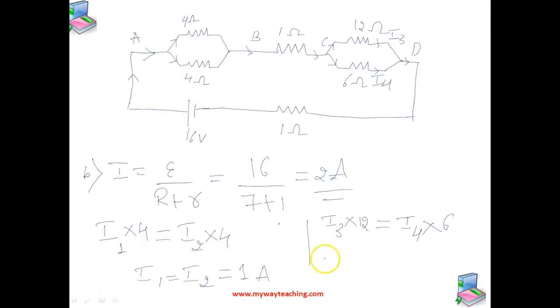So we'll get I4 is equal to 2 times I3, isn't it? But we know that I3 plus I4 is equal to 2 amps. So in place of I4 you can write 2 times I3.